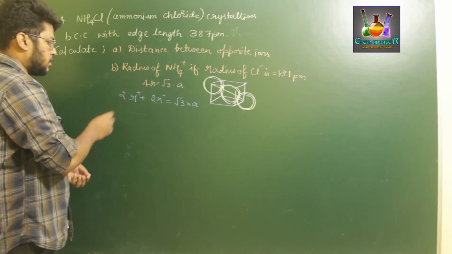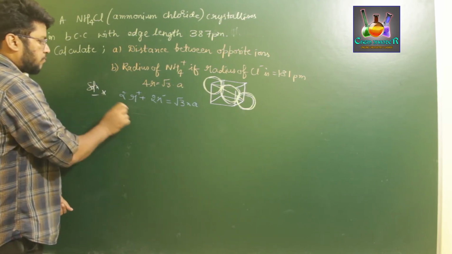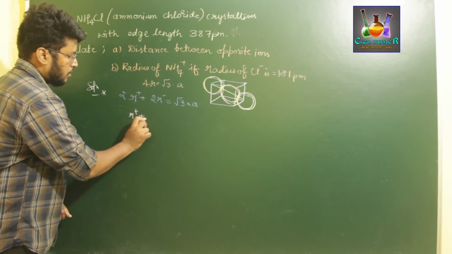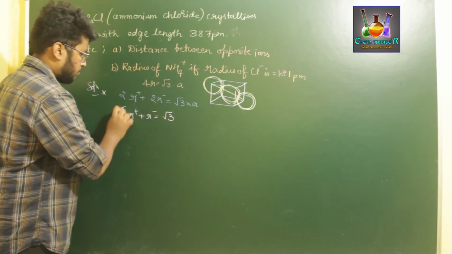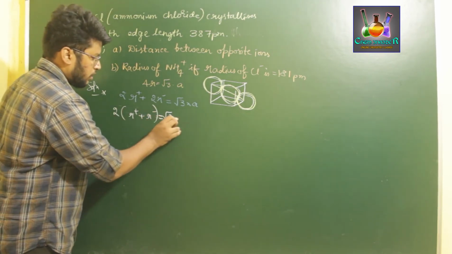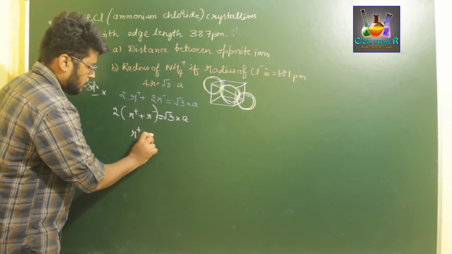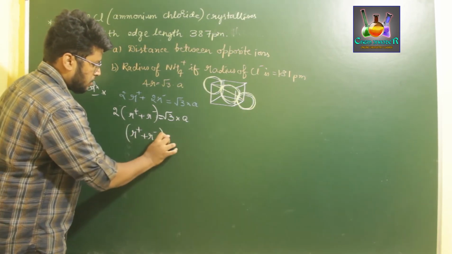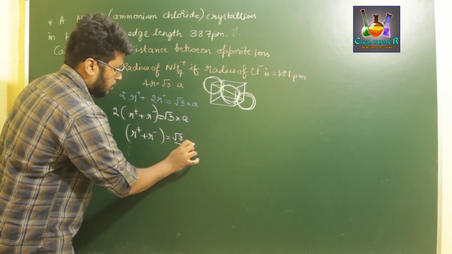So on solving this equation, taking 2 common, r plus plus r minus is equal to root 3 by 2 into a.